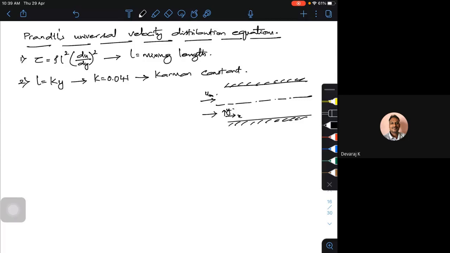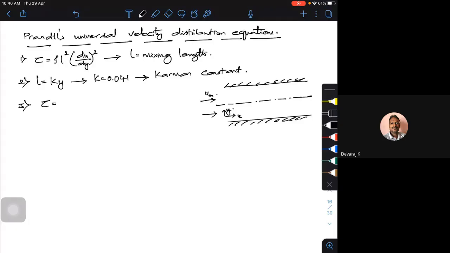If I substitute for L in this equation, tau will be equal to rho into (ky) whole square into (du by dy) whole square. What is du by dy? It is based on your wall shear stress.